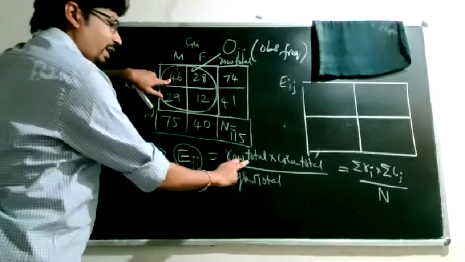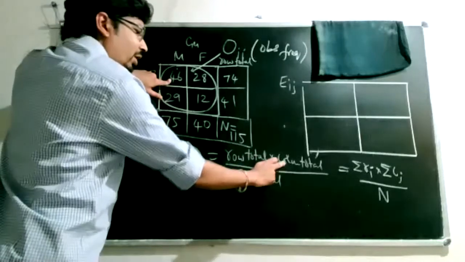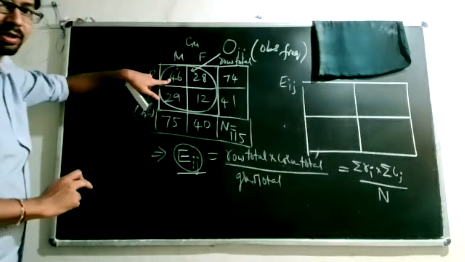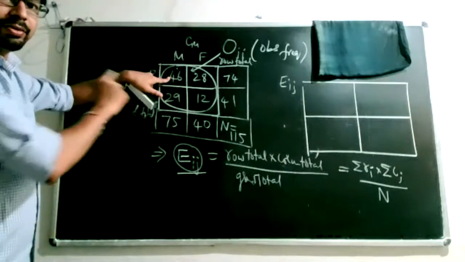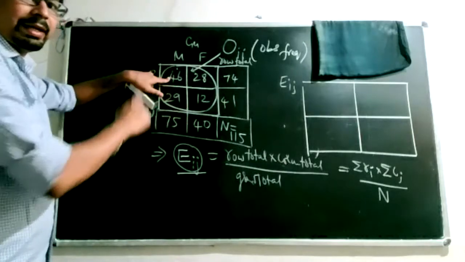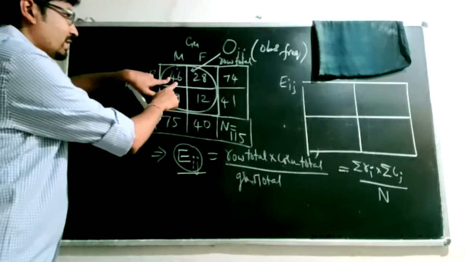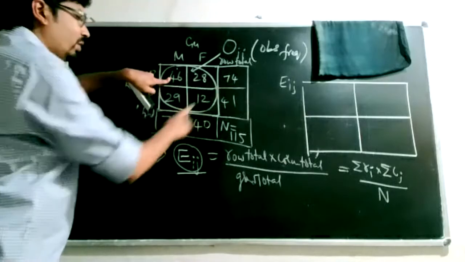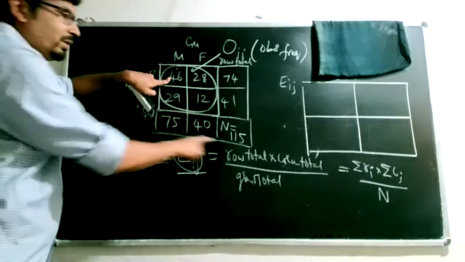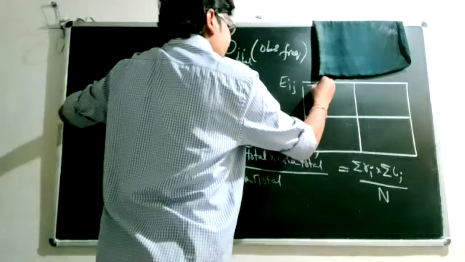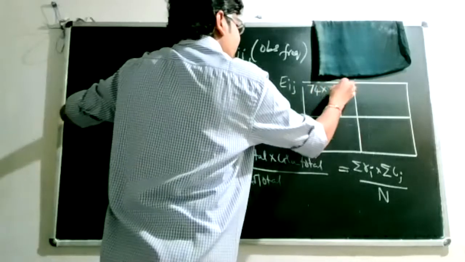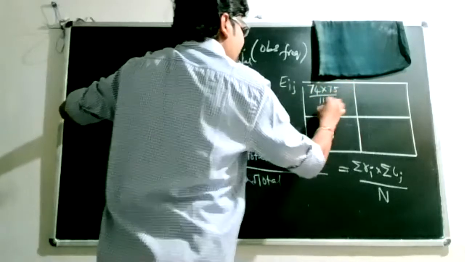So Eij formula is row total into column total divided by grand total. Now for whichever cell or whichever frequency you are computing, use its row total and its column total. Now for 46, the row total is 74, column total is 75, and this grand total remains same for every value. So the first Eij is 74 into 75 divided by 150.